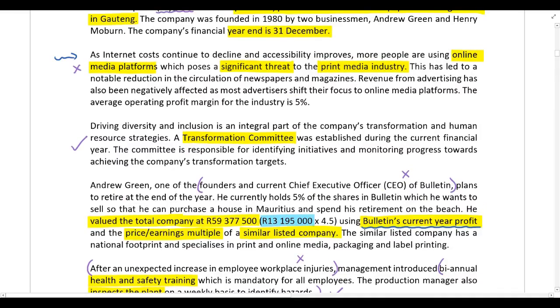You'll remember we were told that as internet costs decline and accessibility improves, more people are using online media platforms, and that poses a significant threat to the print media industry because obviously they are buying less printed magazines and newspapers. So that's one potential reason why revenue could have dropped from the prior year to the current year.